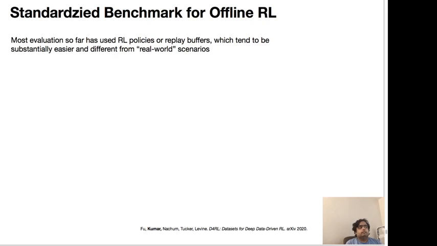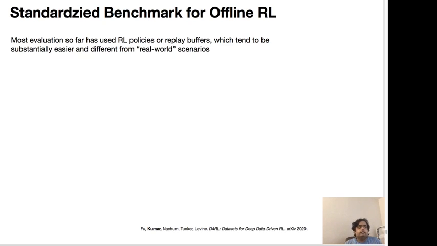Before going into the benchmark, let's look at what prior evaluation has done. Most of the methods for offline RL have so far been evaluated using data collected from RL policies, as we have also seen in the past, like data collected from a partially trained actor-critic policy or something like that, or even replay buffers of DQN agents. And these scenarios tend to be substantially simpler than real-world scenarios. Why is this the case?